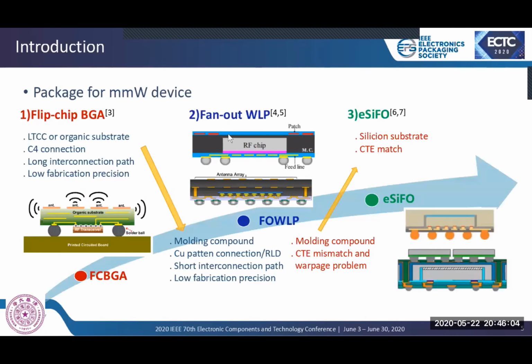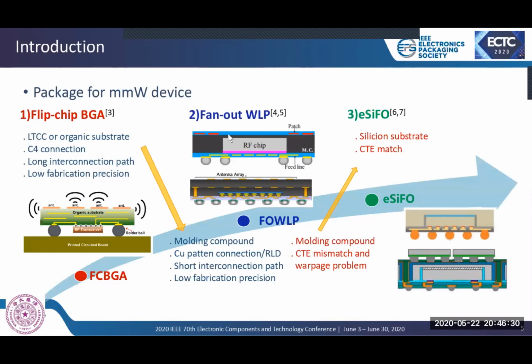The typical package for millimeter wave device is flip chip ball grid array. In such a package, substrates such as low temperature co-fired ceramic or organic are widely used. They are usually thick and hard to miniaturize, inevitably leading to long interconnection paths and high loss.